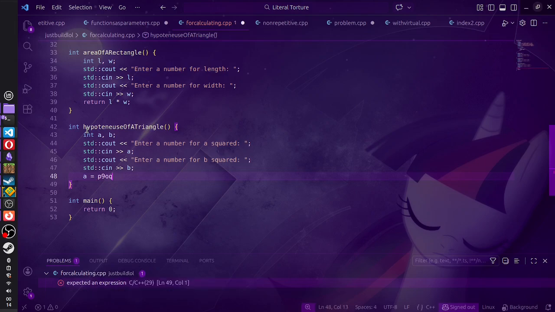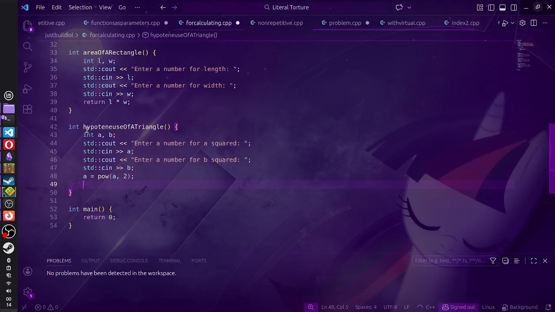A equals pow A, 2. B equals pow B, 2. So A equals, or we could just add those both up and then calculate the remaining square root, can we? Actually, I'm just going to go for this instead.